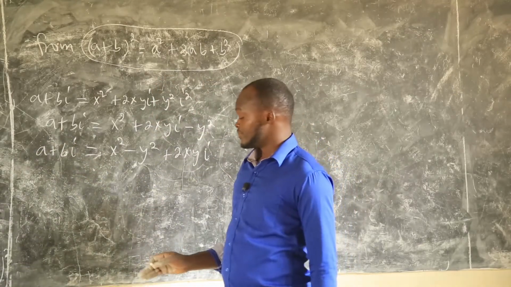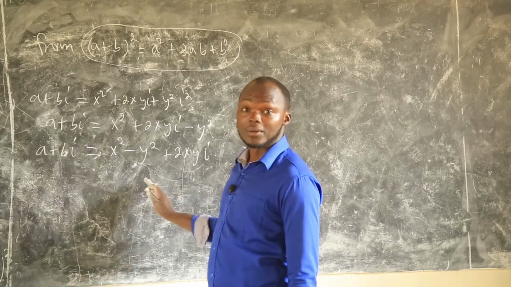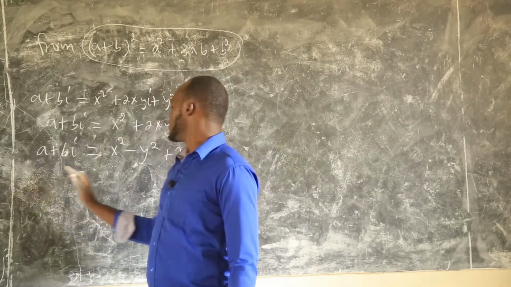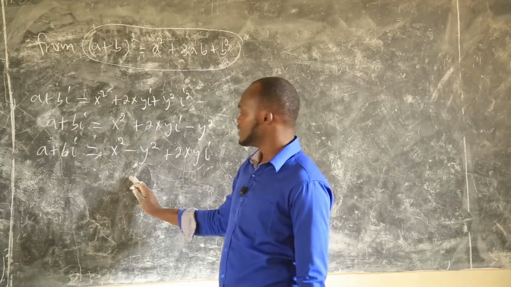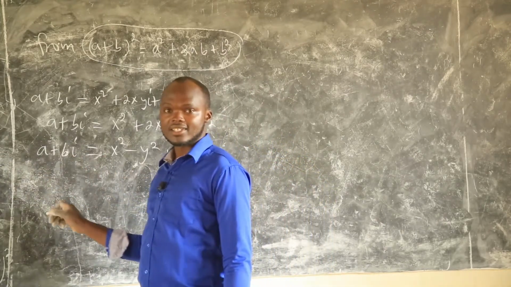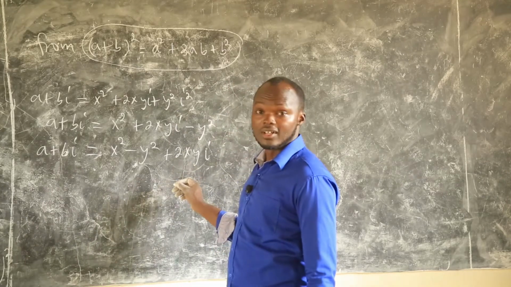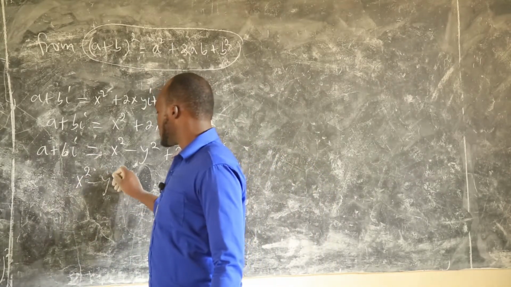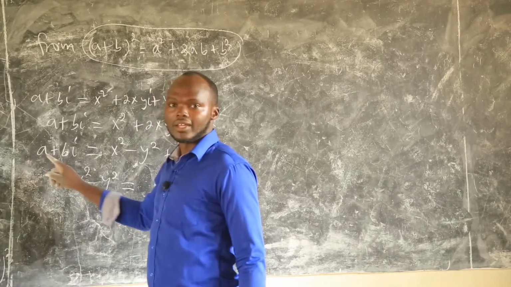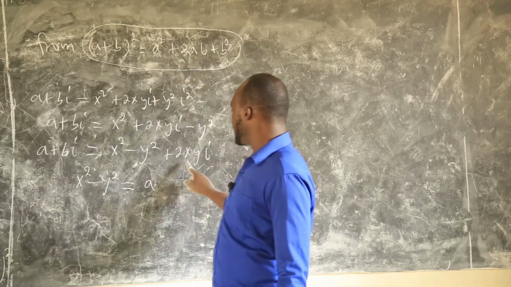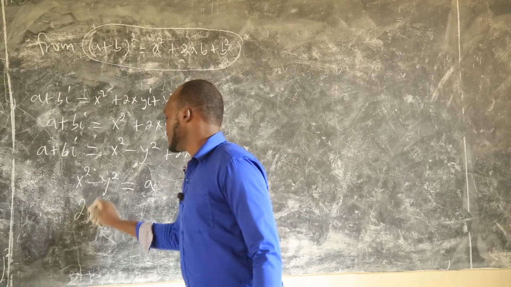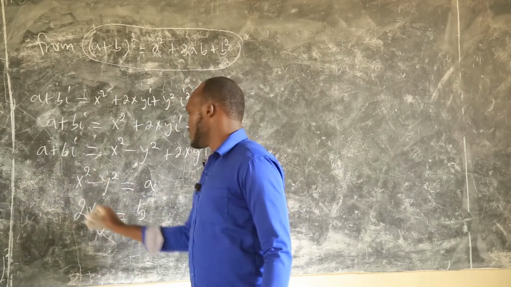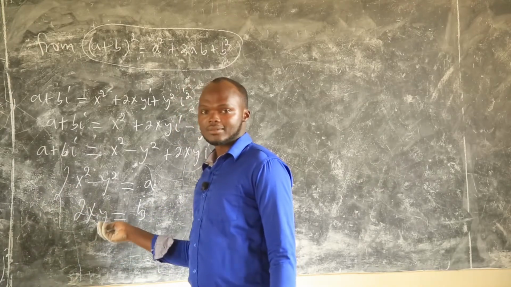So now, you know when two complex numbers are equal, the real part of left-hand side equals the real part of right-hand side, and the imaginary part of left-hand side equals the imaginary part of right-hand side. So x squared minus y squared equal to a, then 2xy equal to b.